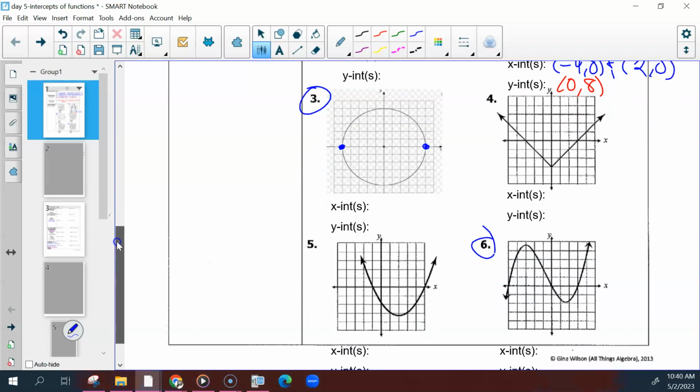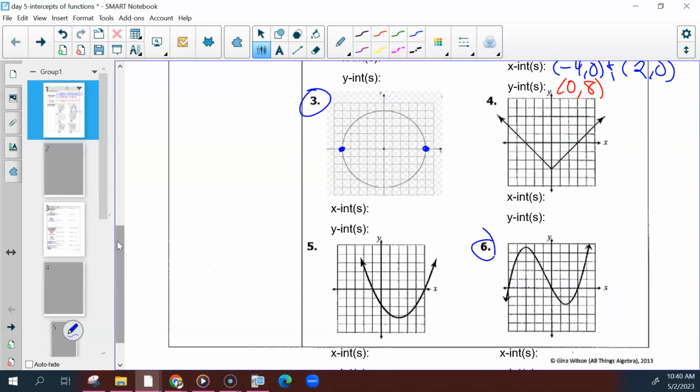So how would we write those intercepts, those ordered pairs? And then where does this cross the y-axis? 5 and positive 5. And how would we write these?